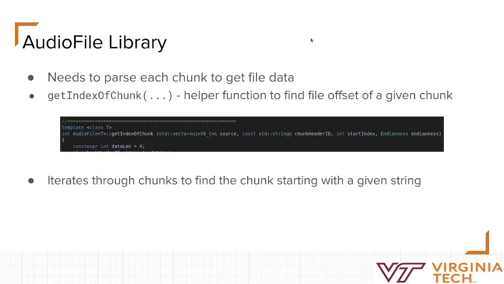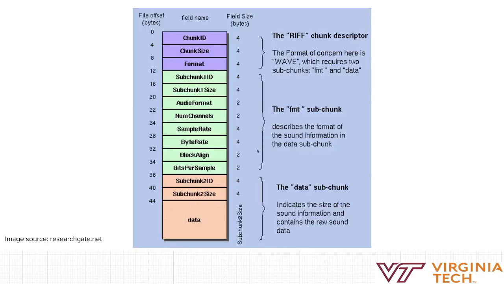So the AudioFile library needs to parse each chunk to interpret the file. And to do that, it uses this helper function called getIndexOfChunk. So this is just trying to go through the file and find the byte offset of a given chunk. So if you're looking for data, this function's supposed to give you this offset here.